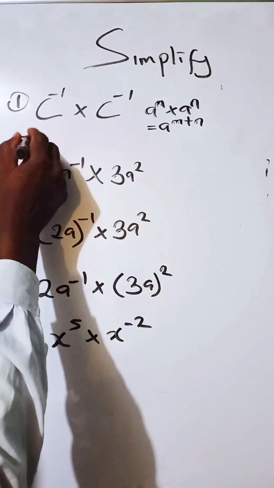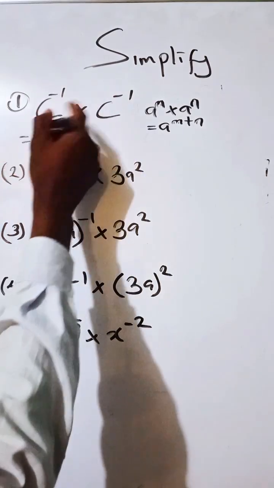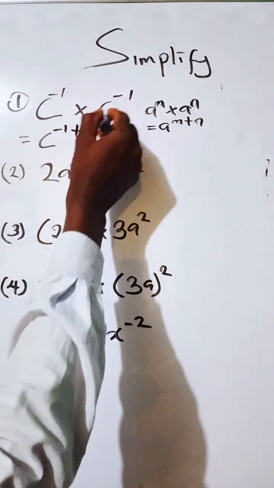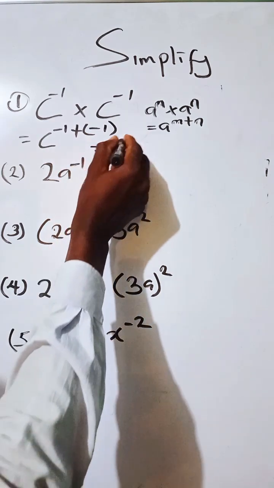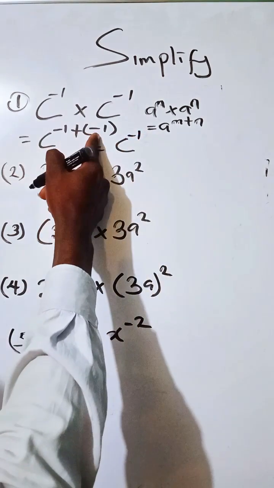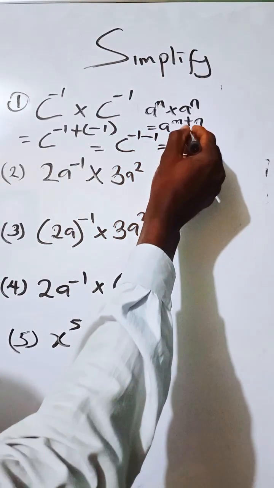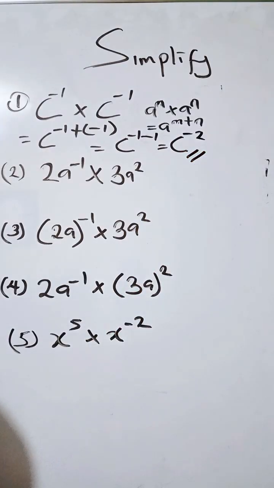We pick out one c and add up the power, so we have minus 1 plus minus 1, which gives us c raised to power minus 2.